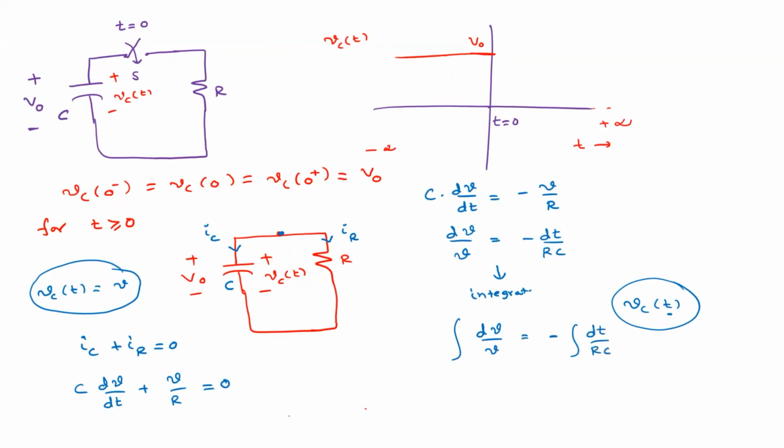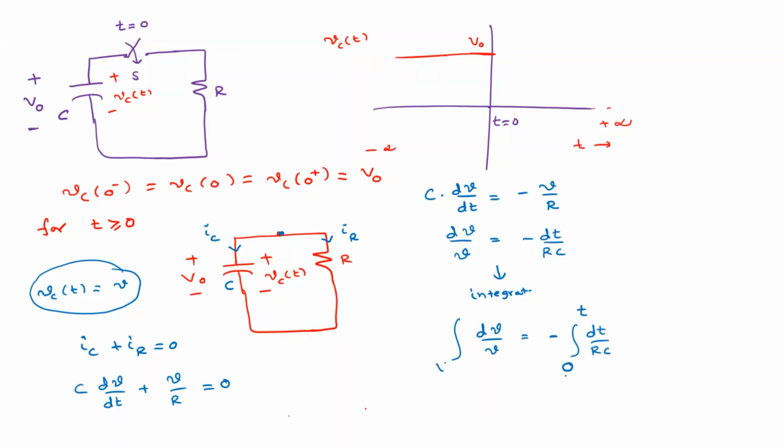Now tell me what the limits are here. On one side we have time and on the other side voltage. If the time varies from 0 to some finite time t, what are the limits for the voltage? At time 0, what is the voltage across the capacitor? V naught.